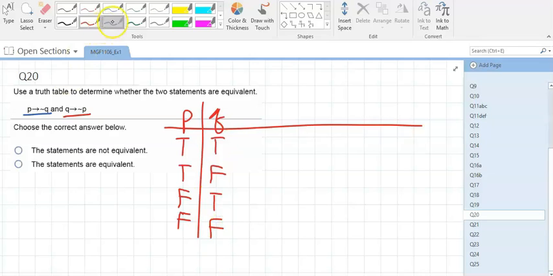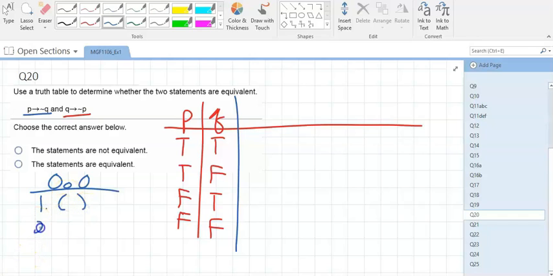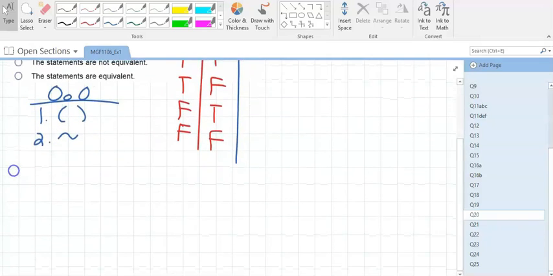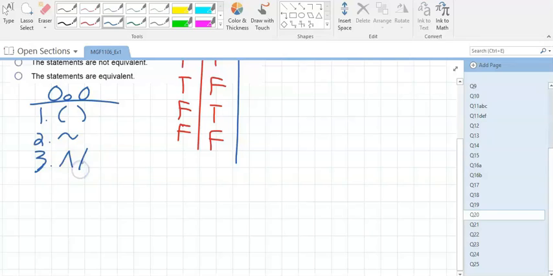So let's go ahead and work with the blue information. So again, thinking about my order of operations. You start with parentheses, then you move to negations, then you take care of and/ors, then you take care of conditionals, and finally, in the end, biconditionals.